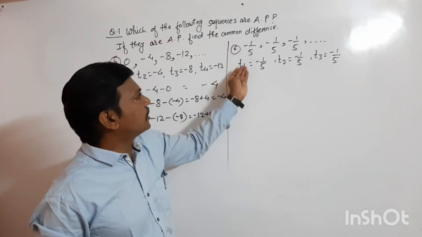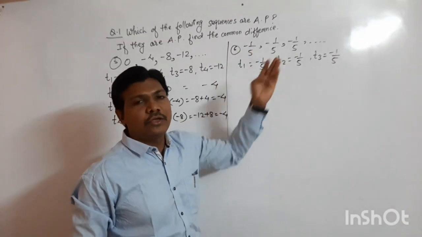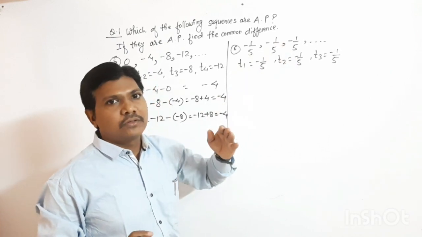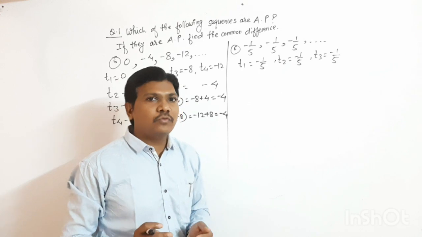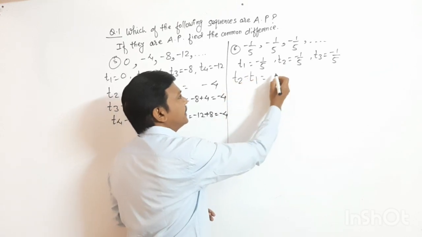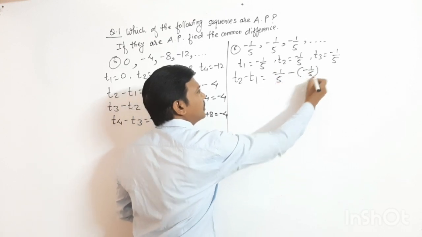Next question, T1, that is 1 upon 5, T2 1 upon 5, T3 minus 1 upon 5, means all three terms are equal. T1, T2, T3 all are minus 1 upon 5. So we find T2 minus T1, that is minus 1 upon 5 minus, again in bracket minus 1 upon 5.